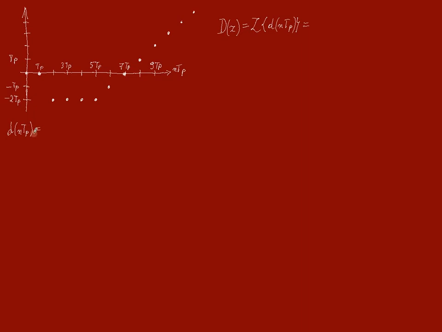First, let's consider what component functions our function d of ntp can be composed of. The first component is the unit step function, but multiplied by minus 2tp and the light by 2tp.